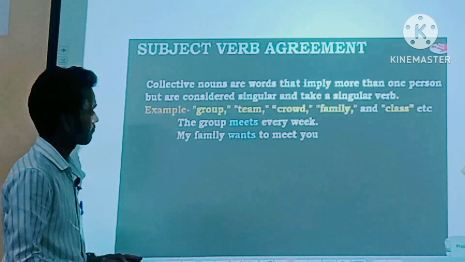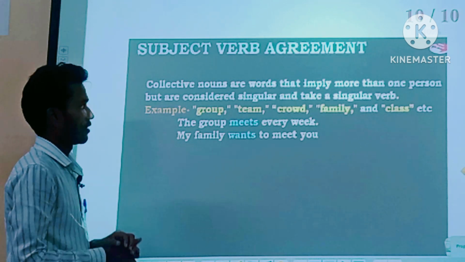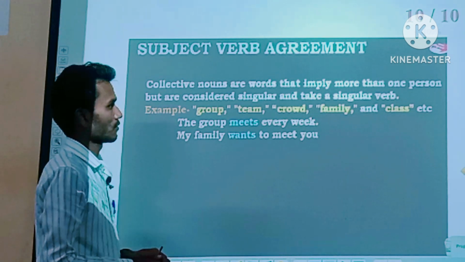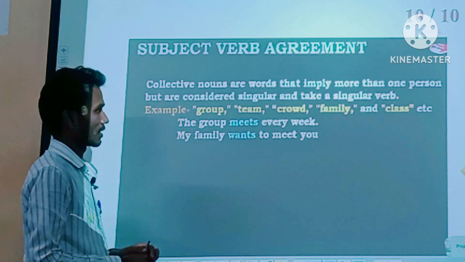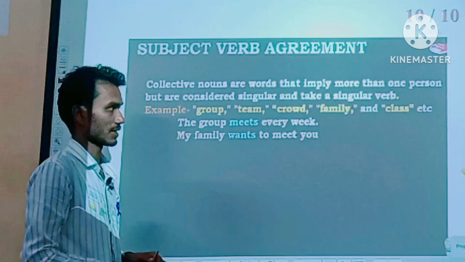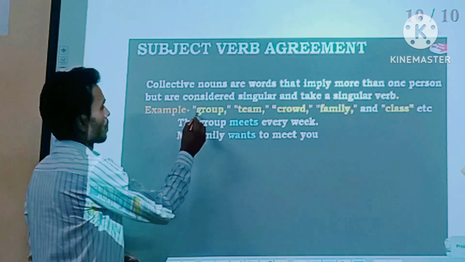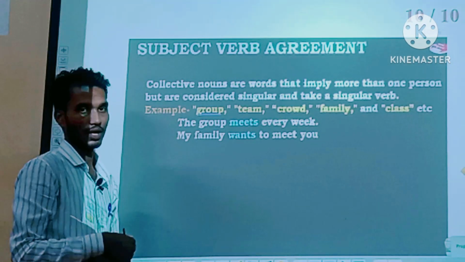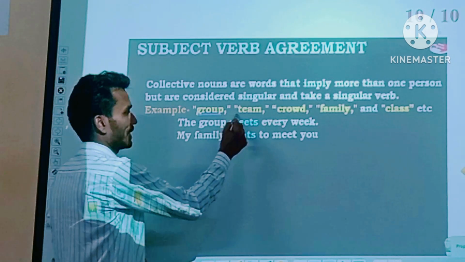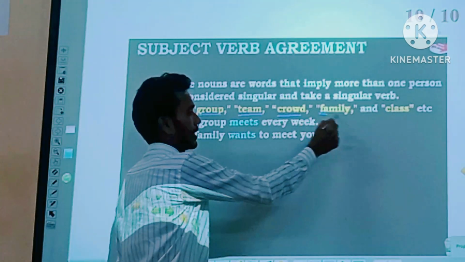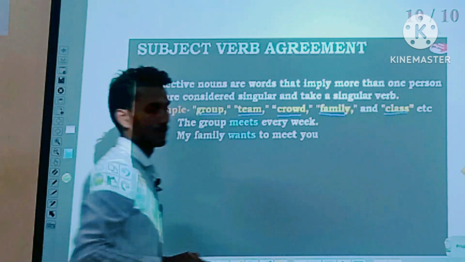Then collective nouns are words that imply more than one person but are considered singular and take a singular verb. Say for example, group is a collective noun. Team is a collective noun. Crowd, family, class.